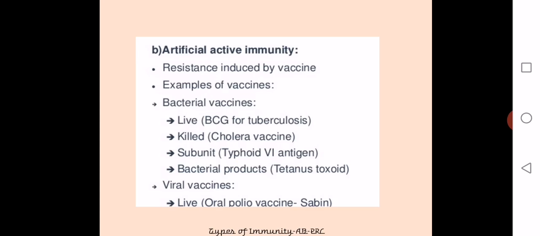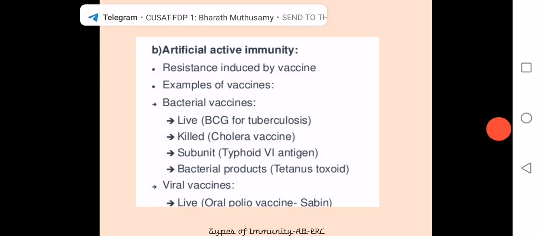Various sorts of vaccines are available currently, and the very basic principle of vaccination is that these vaccines consist of antigenic substances, and these substances will induce the immune system, but they will never cause a pathogenesis.